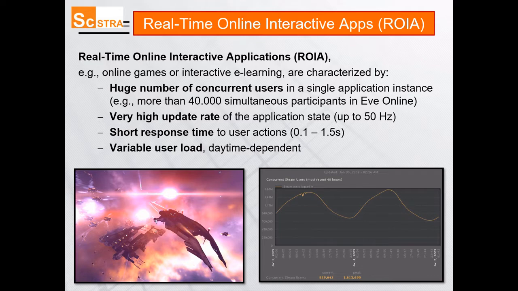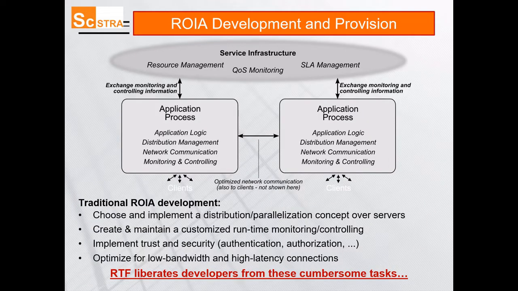The main characteristics and also the main challenges of this kind of applications are a huge number of concurrent users, very high update rates of the computations, short response times, usually under 1 second, which means that the application reacts almost immediately to user actions, and last but not least, variable load of users, which is dependent on the daytime. So how are these applications developed currently?